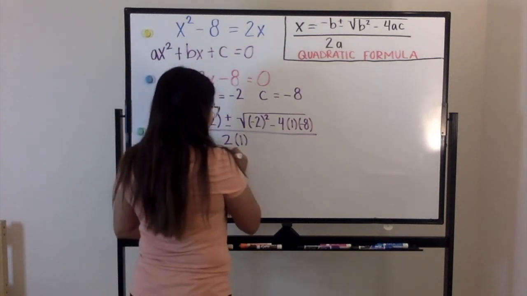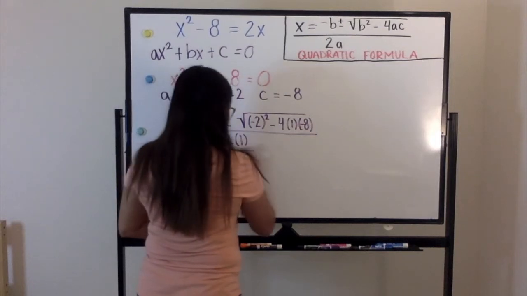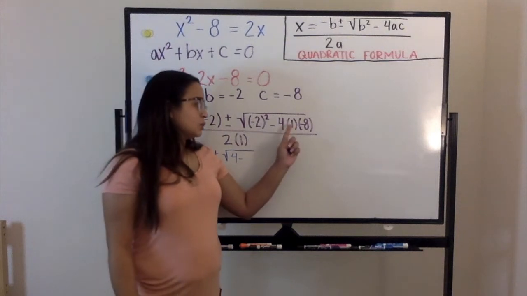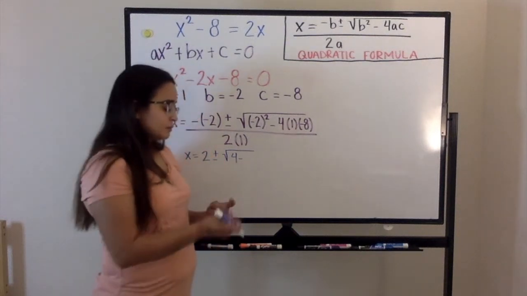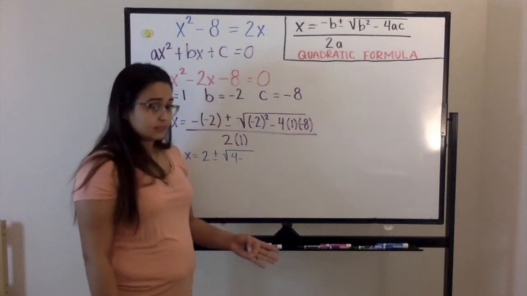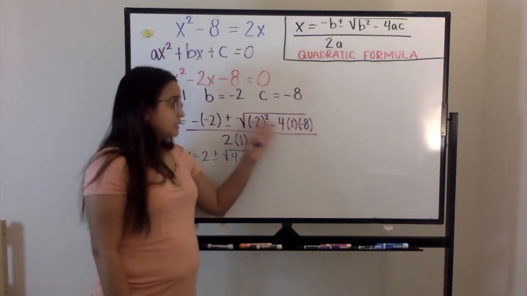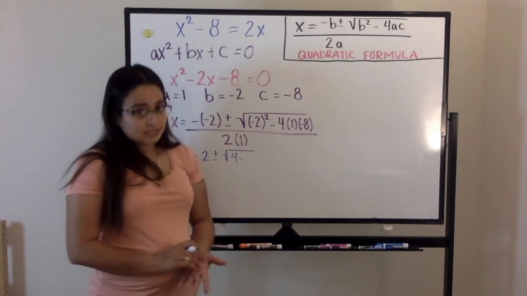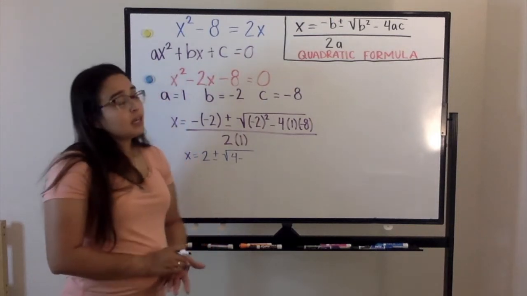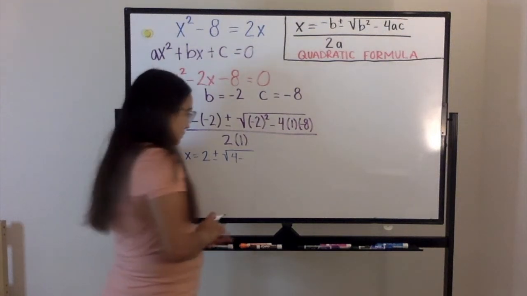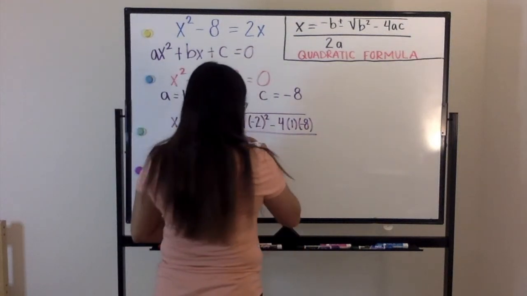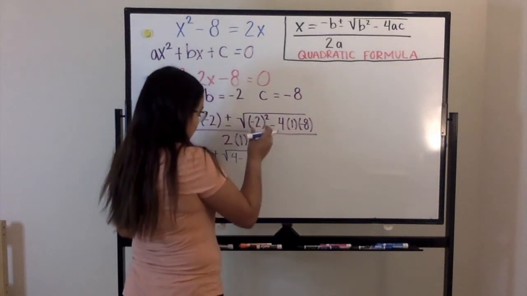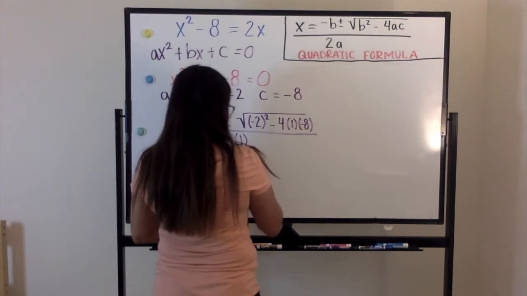So, it'll be 4 minus, let's go ahead and multiply 1 times negative 8. That is going to equal negative 8. And negative 8 times negative 4. How much is that going to be? 8 times 4 is 32. But since we're multiplying two negatives, it'll be a positive 32.